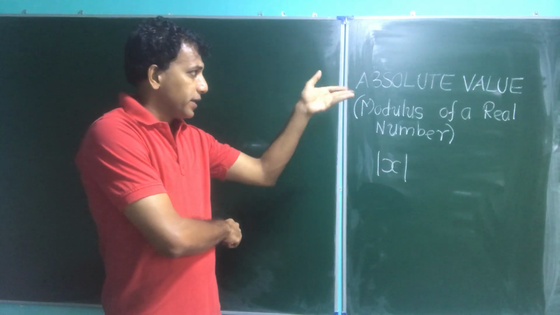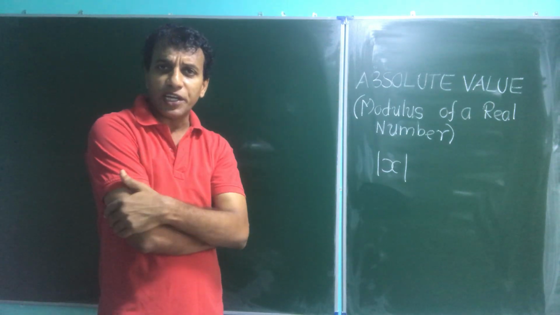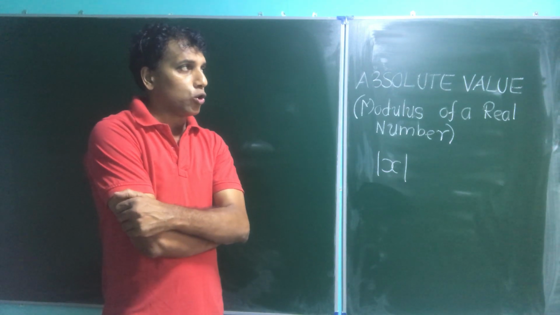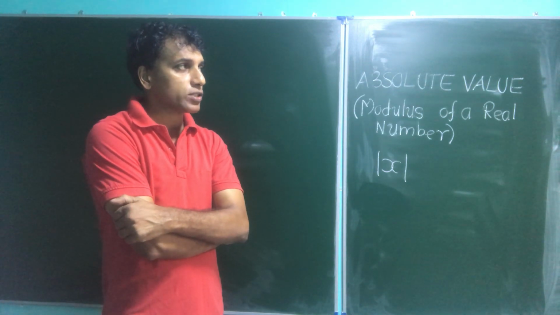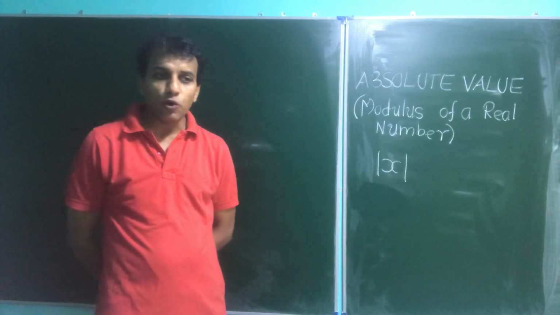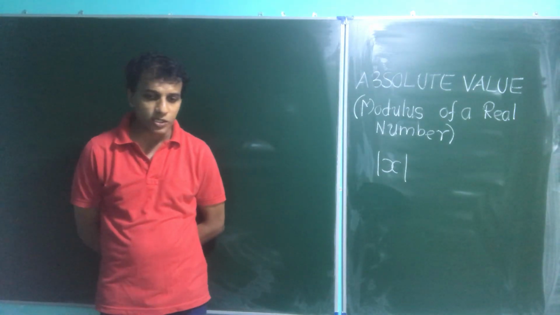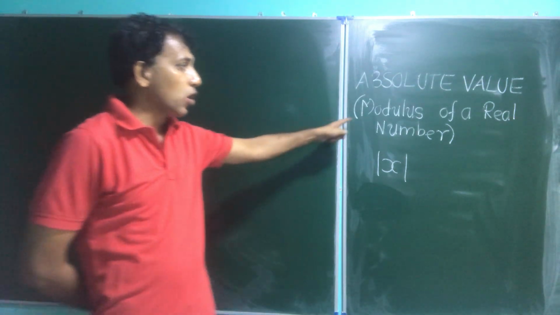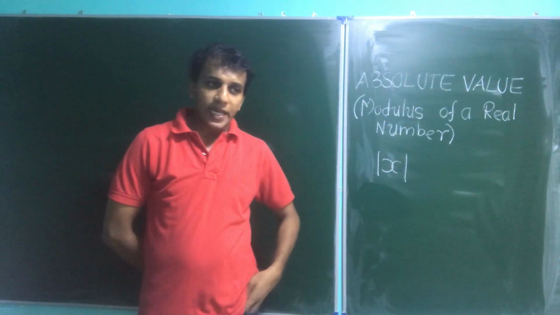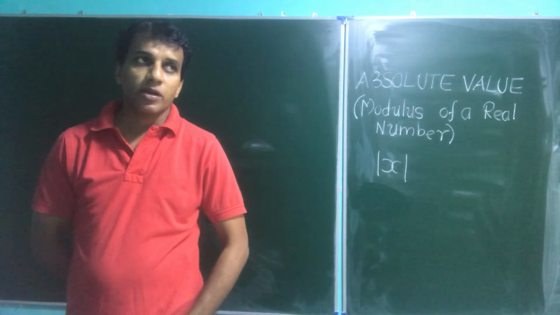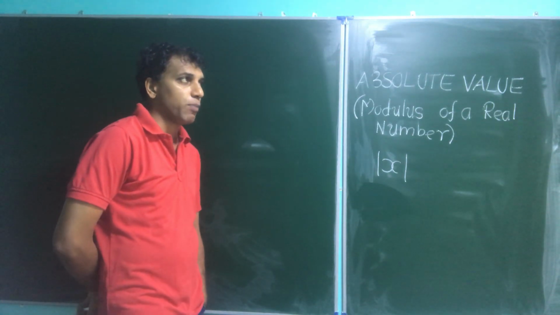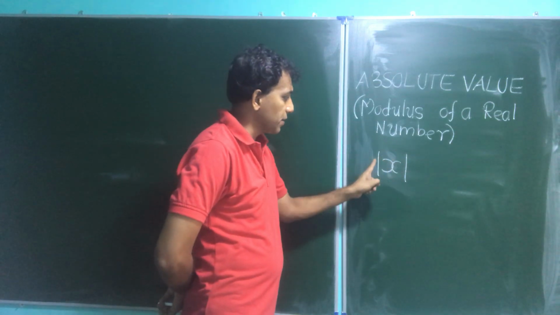Write the heading and you can write below. I'll give you some definitions of the modulus. So write below: modulus of x, small letter x, is denoted by this symbol.